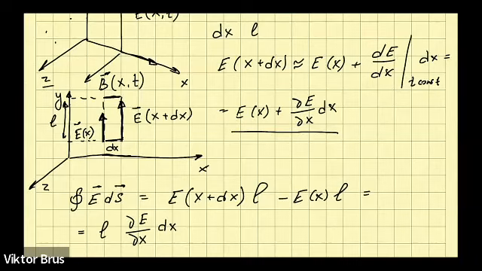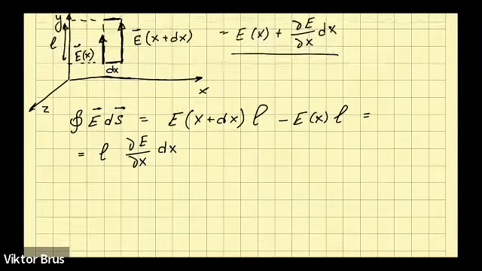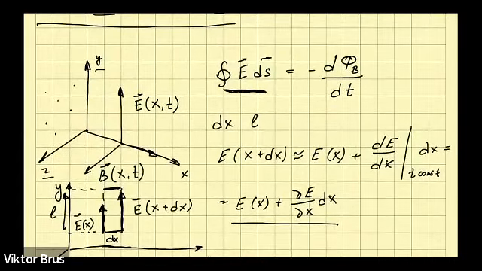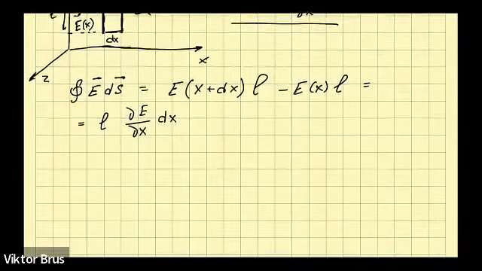So that is the left side of Faraday's equation. Now we need to focus on the right side, and there we need to deal with the magnetic field flux, the first derivative of magnetic field flux.